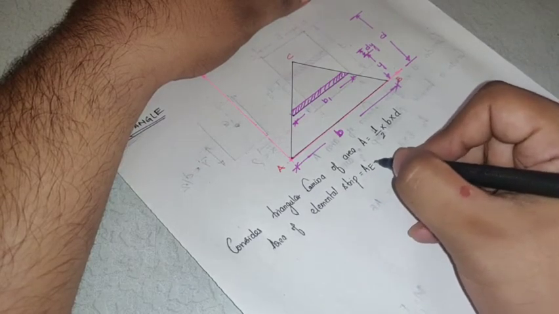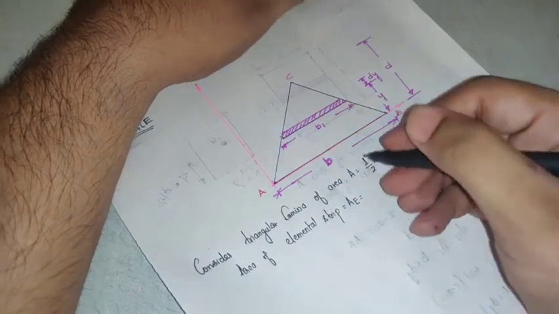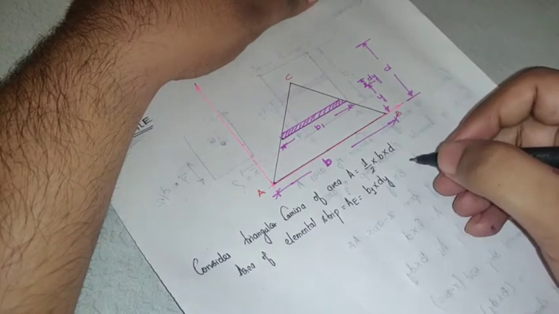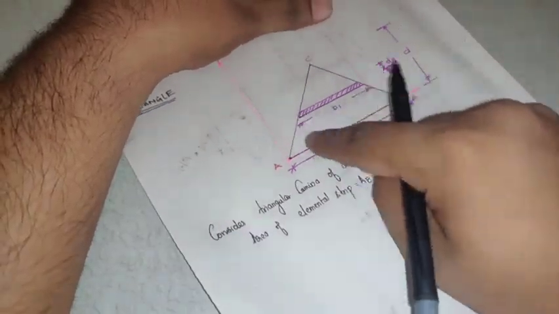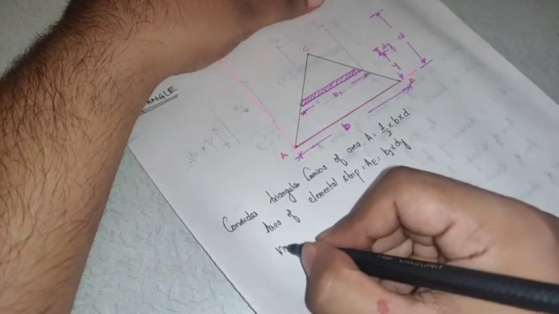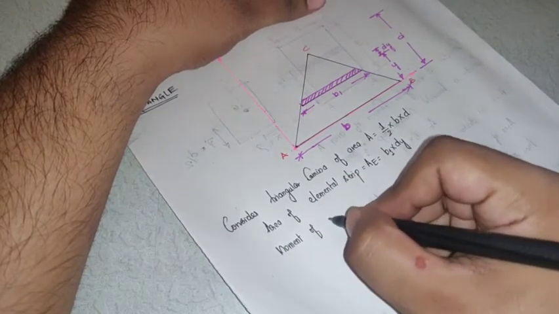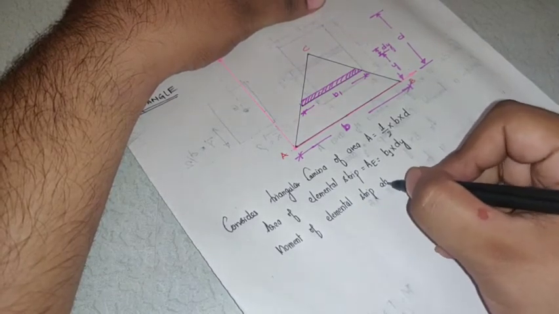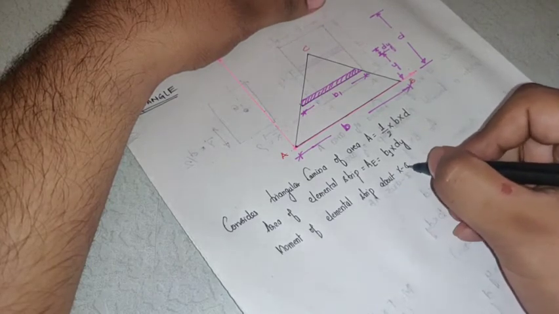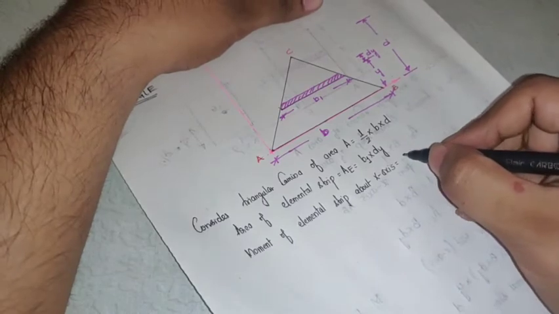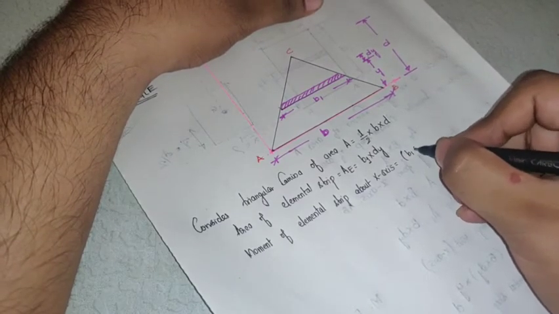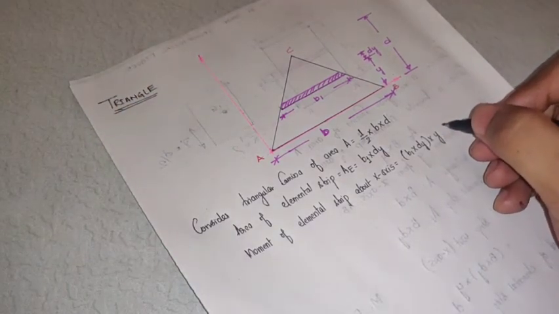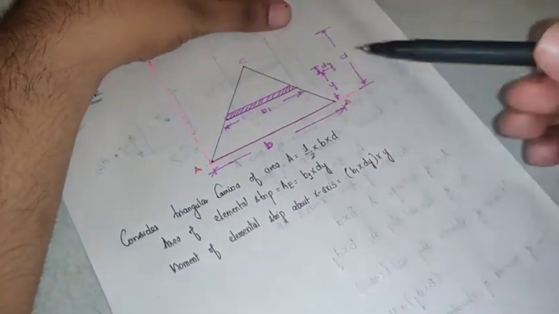I'll call that A suffix E. The elemental strip is assumed to be rectangular, so its area is B1 into dy. Now the moment of this elemental strip about the x axis will be B1 into dy, the area, into the perpendicular distance, which is y. But we don't know the value of B1.